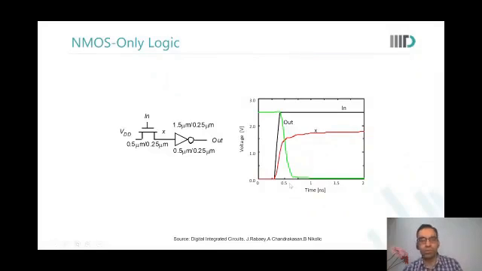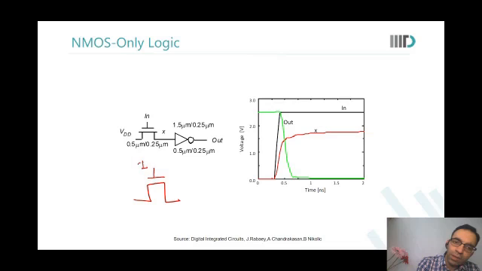Let us see in this example what happens when I want to make an inverter through a pass gate. So what are we saying? For an inverter, either I will put input over here.